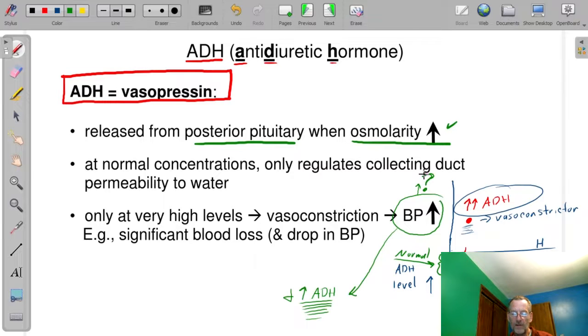The baroreceptors are sending information into the medulla, into the brainstem, which connects with the hypothalamus to the posterior pituitary. Okay, so ADH and vasopressin. Next slide.